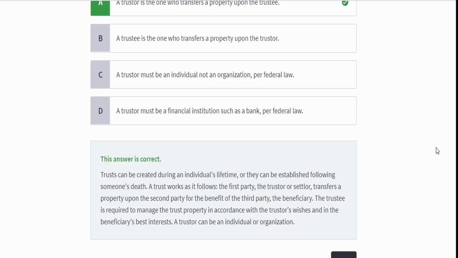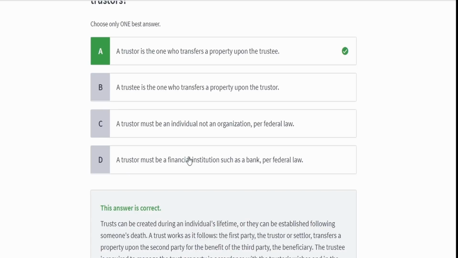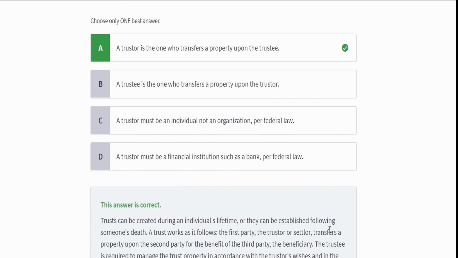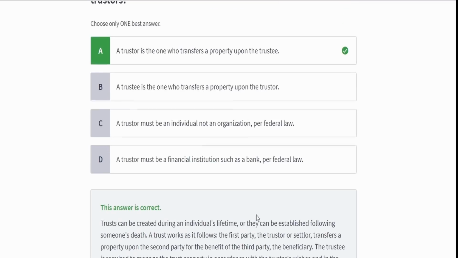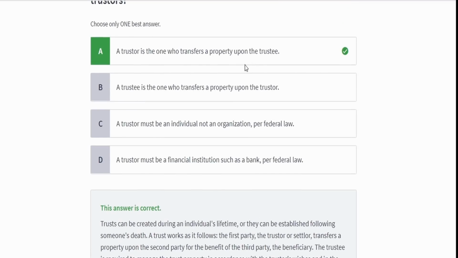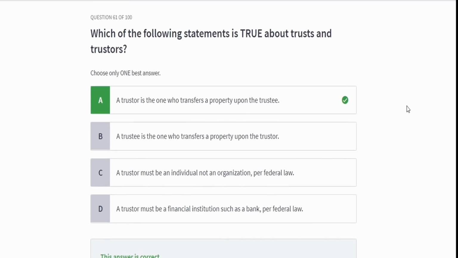So a trustor can be an individual or organization as well. That gets rid of options C and D, obviously, because that's not true. A trustor can be an individual or organization, and then it makes way for A or B, and obviously we know our definition of a trustor, that a trustor is the one who transfers the property upon the trustee. So we got that one right.